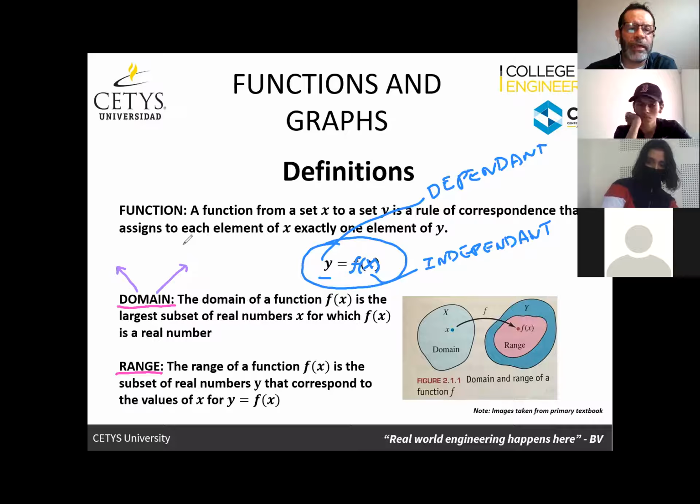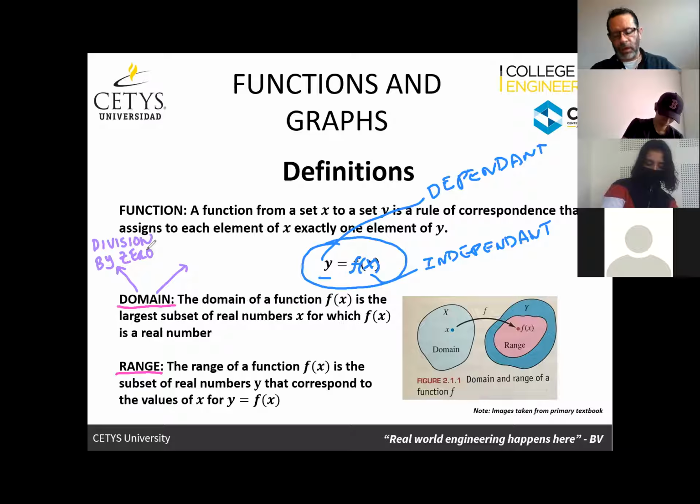First off is a division by 0. Any values of X where the function generates a division by 0, those are excluded from the domain. Those are not part of the domain.